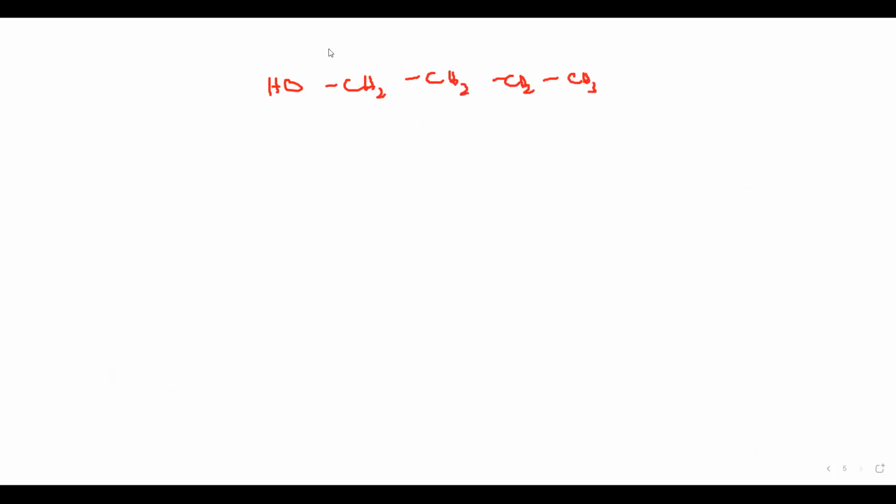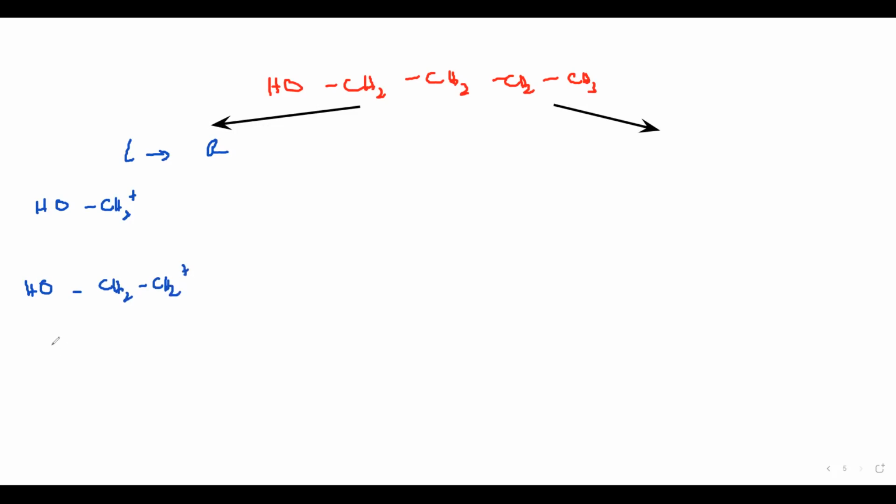We break from left to right, and from right to left. Left to right, it will be OH and CH2, or OH, CH2, CH2, or OH, CH2, CH2, CH2, or OH, CH2, CH2, CH2, CH3.